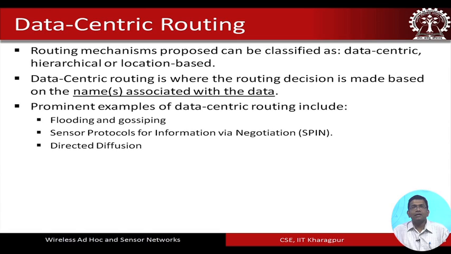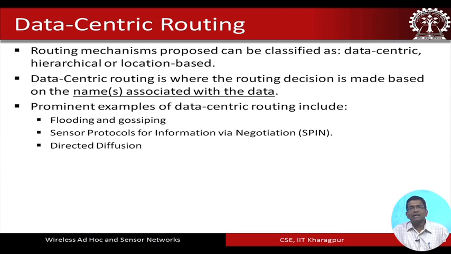Data centric routing protocols, on the other hand, do not require the use of IP addresses or the like. They say we will exploit the names that are associated with the data, and we will use them for making the routing decisions.